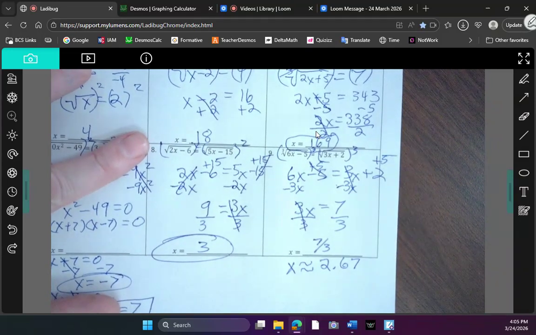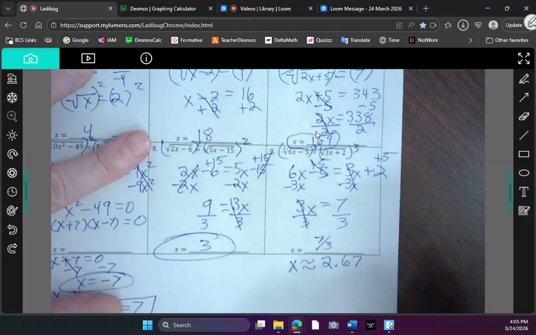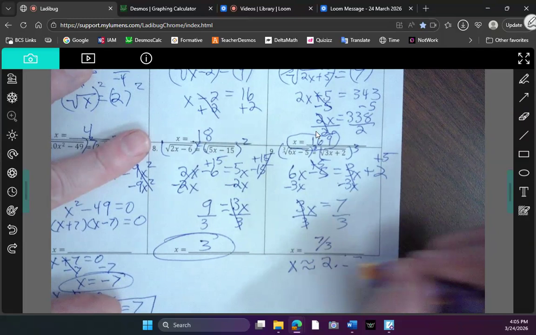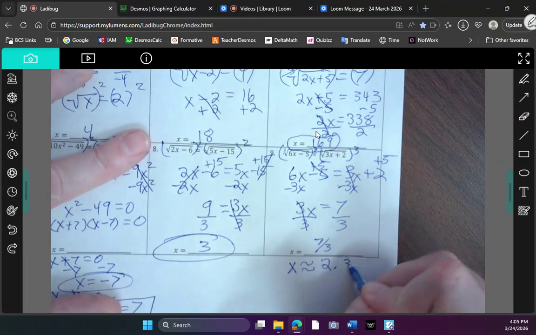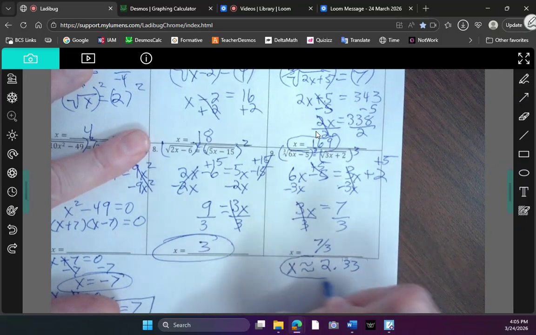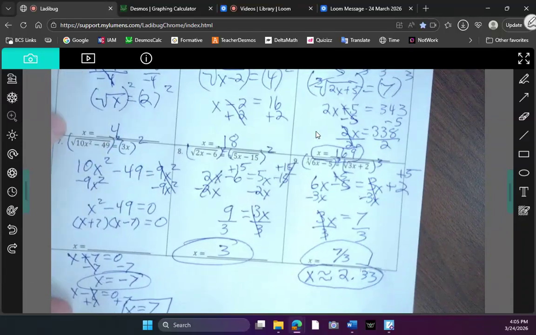Let's double check with the calculator. Oh, no, it's not. It's 2.33. Look at that, I got too excited. All right, so there's that. You could use either of those. Those are the same number, just represented different ways.